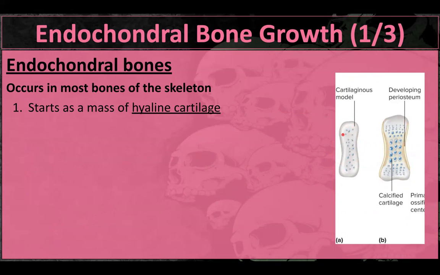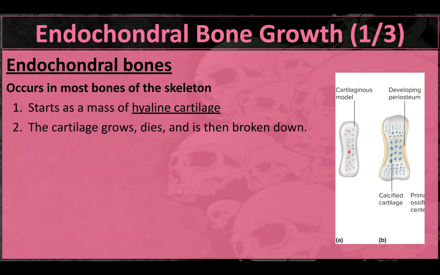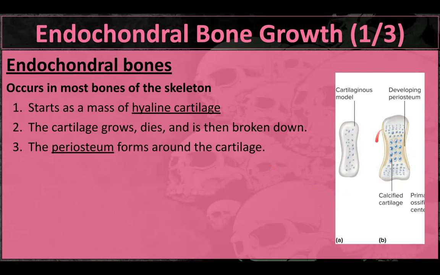That's all it is. And then the cells in the hyaline cartilage are going to get bigger, and then they're going to die, and then eventually they are going to start breaking down. That's exactly what is happening here. Next, the periosteum is going to form around our structure, just like how the periosteum formed in the intramembranous bone growth.